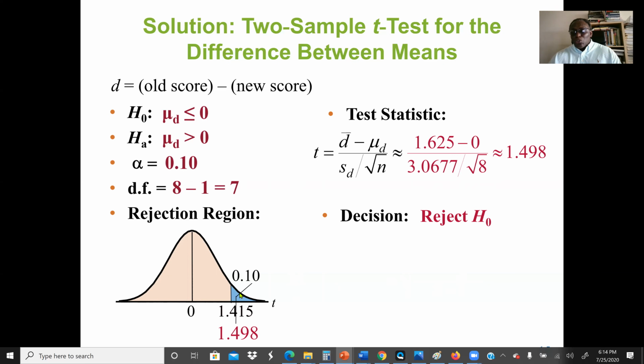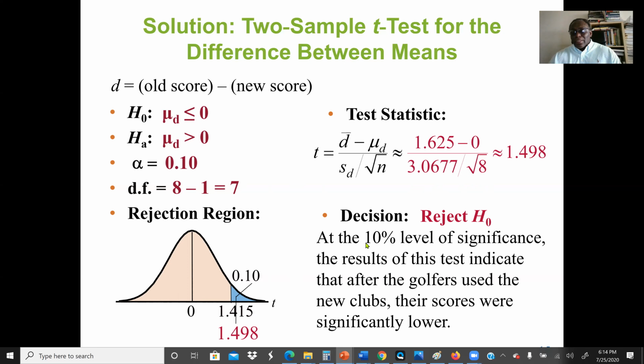1.498 fell under the blue area. So this means we are going to reject H0. As we said, the brown area is to accept. The blue is after the 10%, where alpha is 0.10 and the degree of freedom of 7 gives us 1.415 T. So our decision here is that at 10% level of significance, because they gave us 0.10, the result of this test indicates that after the governors used a new crop, their scores were significantly low.